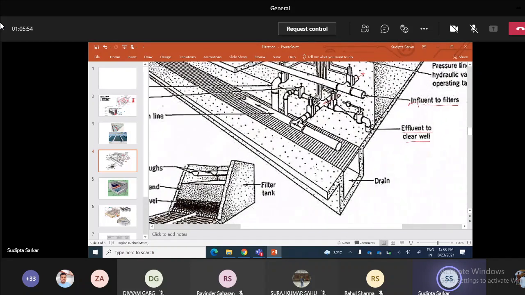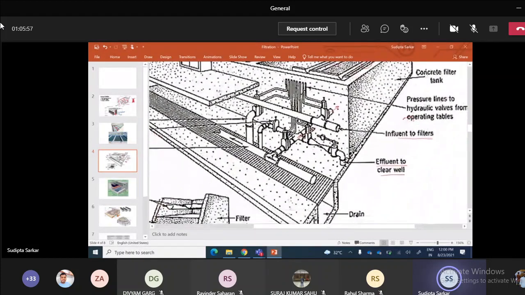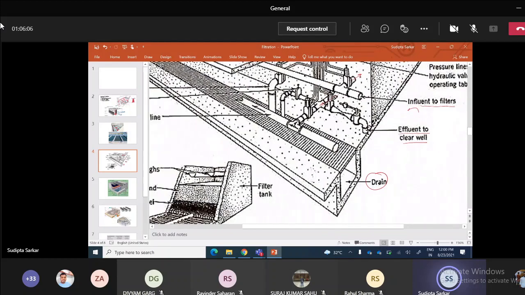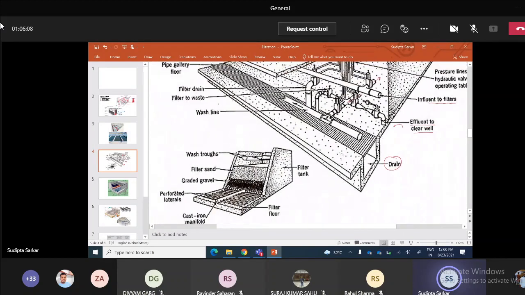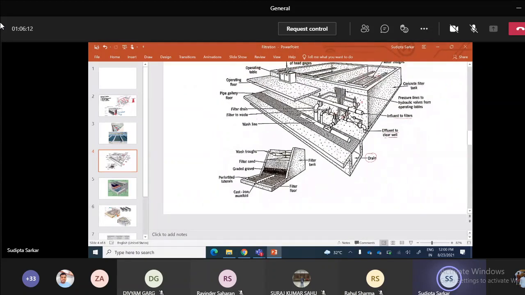And also, when you backwash, the water gets collected right into the drain here, and this is going out. So this is how the whole works looks.